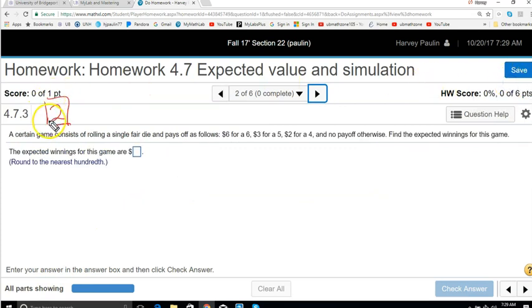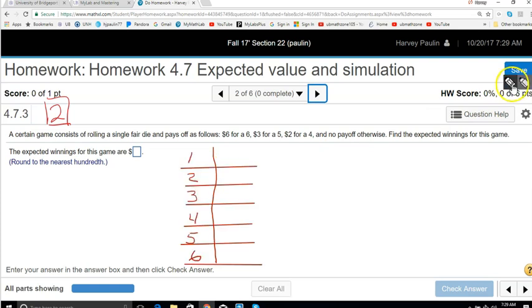Now, for example 2, we're going to have to set this up in some form of table here, where we'll read this carefully and then develop an expectation. So part of the help on this is how to set it up. So we're going to roll a die, of course, and it's 1 through 6.